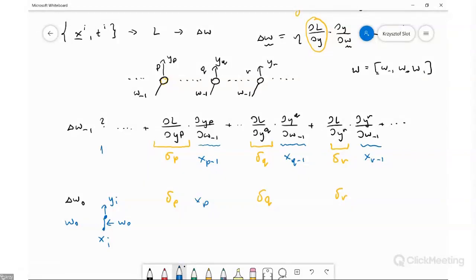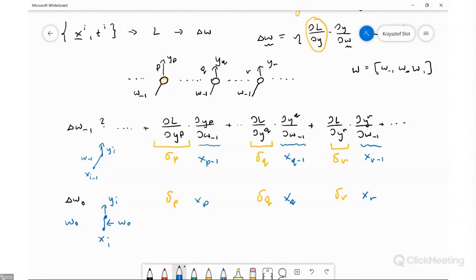And here was output Y, and here was a weight W minus 1. So it was Xi minus 1.